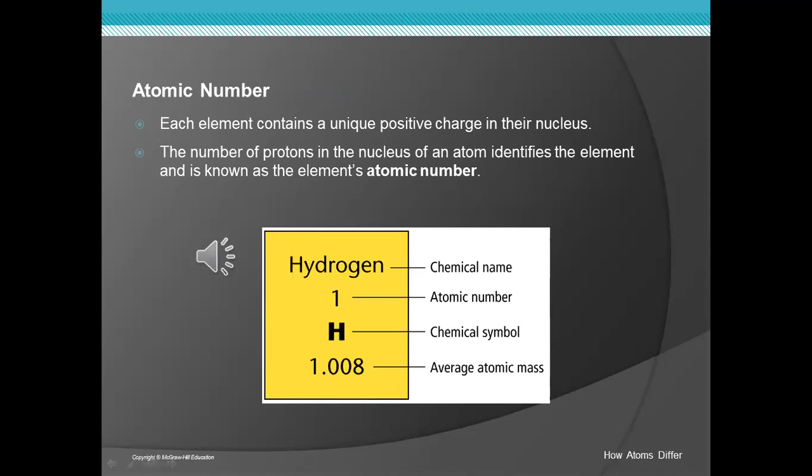Atomic number. Each element contains a unique positive charge in its nucleus. The number of protons in the nucleus of an atom identifies the element and is known as the element's atomic number. It's okay.